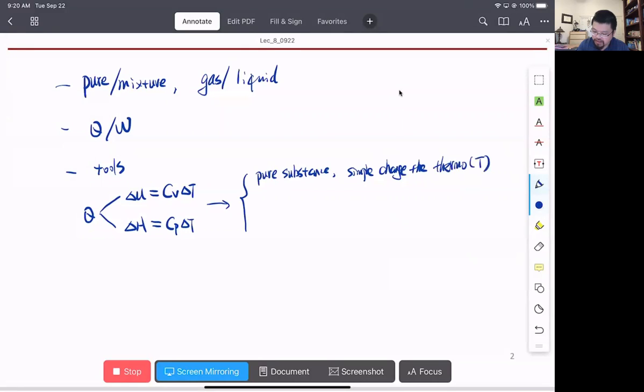Simply change the thermal state, more likely temperature. The second case would be the phase change, say vapor to liquid or liquid to solid, then we are going to use the latent heat. And the third case would be the reactions, right? So in order to have the discussion of the reaction, we again define the standard state.